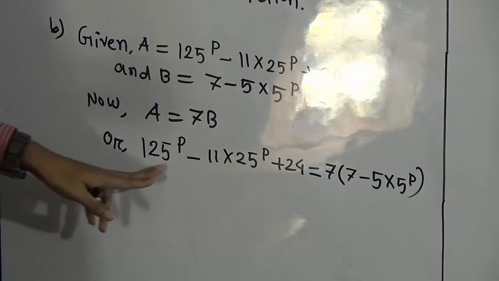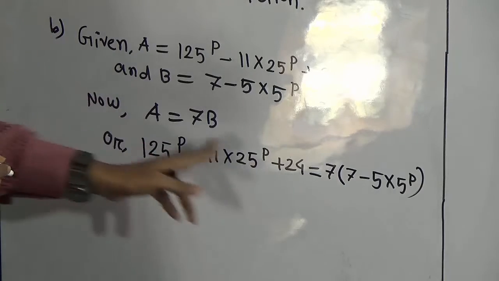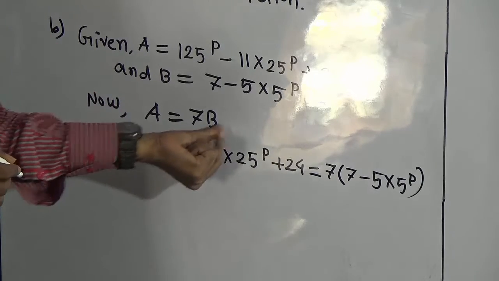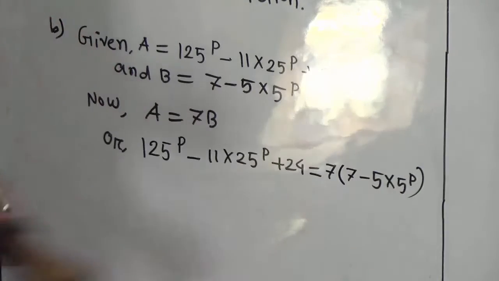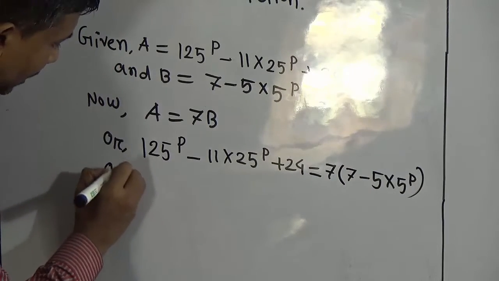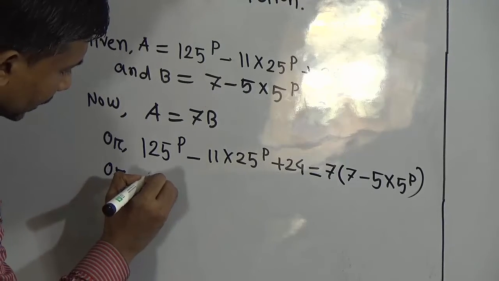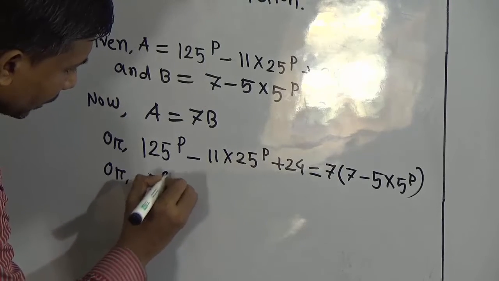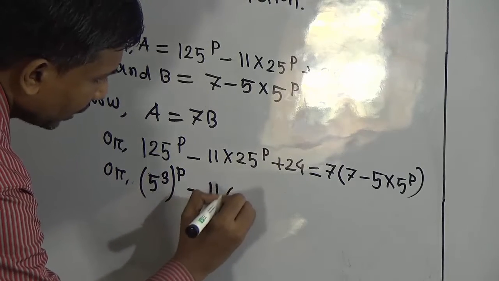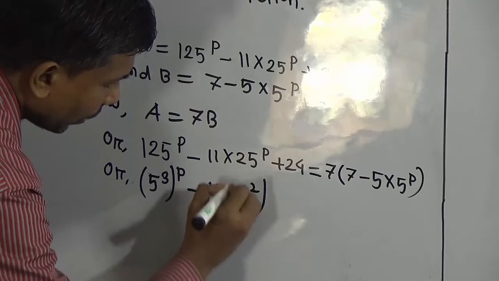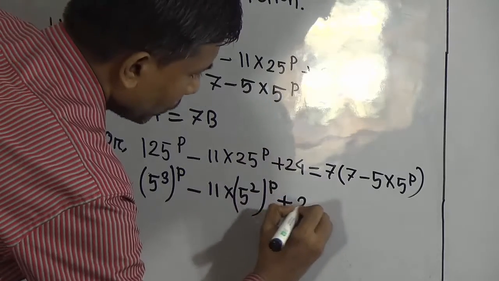Look, A equal to 125 power P minus 11 into 25 power P plus 24 equal to 7 multiplied with B. That means B equal to what? 7 minus 5 into 5 power P. Now simplify. 125, we can write this 5 power 3 to the power P, minus 11 into 5 square then power P, plus 24.